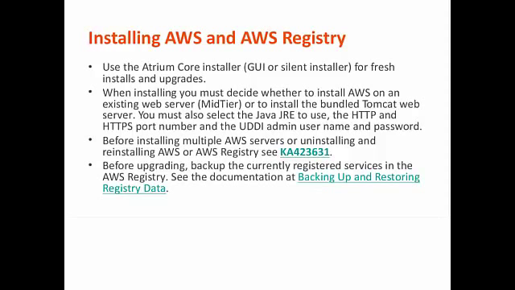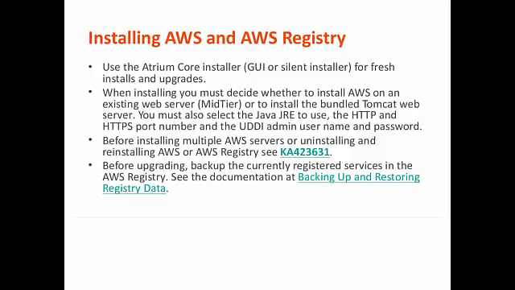And then there's one caveat here: the installer for web services was originally written for a single standalone server for the Atrium Web Services. The load balanced multiple AWS servers architecture wasn't envisioned at the time the installer was written.